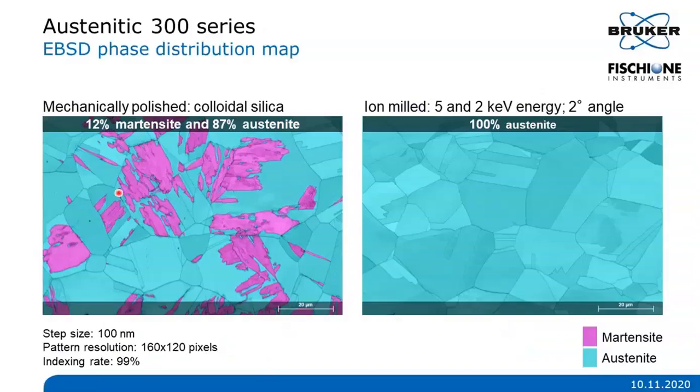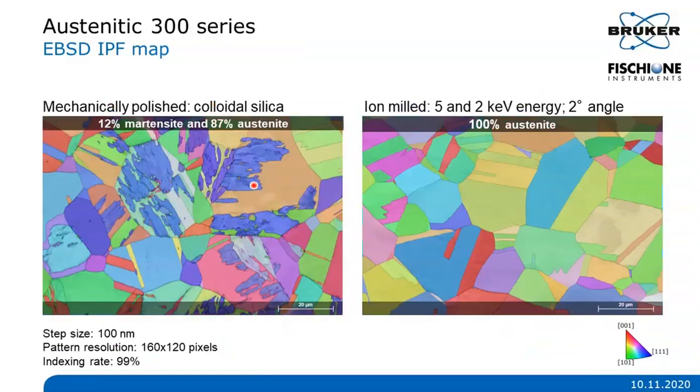And even if you zoom in and conduct a high-resolution EBSD measurement, you will find no dynamic transformation in the case of argon ion milled samples, and you will nicely see the martensitic structure after mechanical polishing, as you can see here on the IPF maps, and the clean 100% austenitic structure in the case of the ion milled samples.